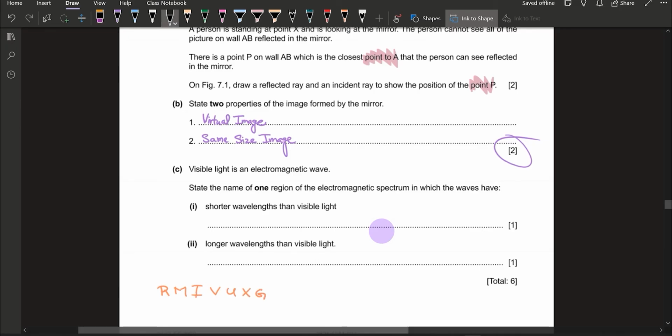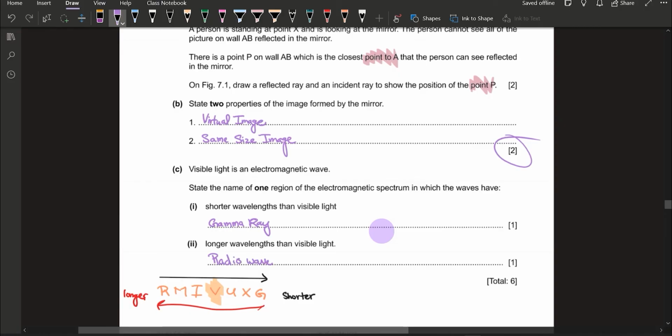As we go down from here, the wavelength gets shorter, and as we go on this side, the wavelength gets longer. So we're talking about visible light here. For the first part, we can write ultraviolet, X-ray or gamma ray. So I'm just going to write gamma ray. And for the second part, for longer wavelengths, we can write infrared or microwave or radio wave. So I can write here radio wave for this part.